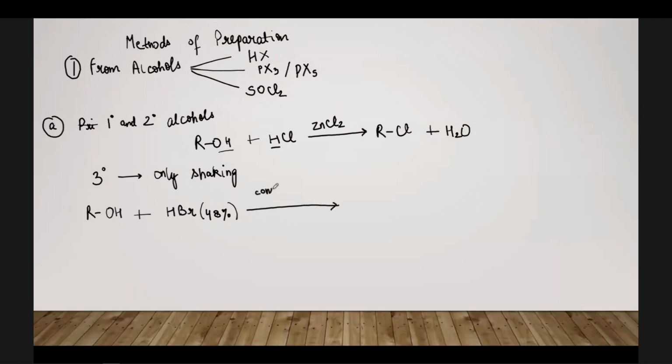And here constant boiling. And we will simply again get substitution, we will get RBr and again water. Fine. So this was for the alkyl bromide. Then we come to the alkyl iodide. So here also something special is there.